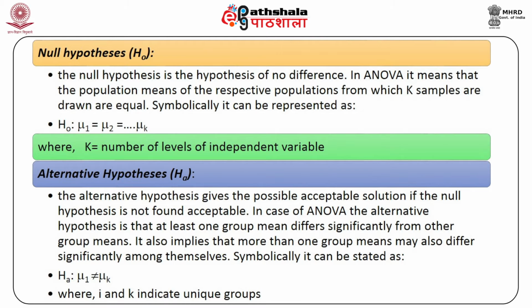Alternative hypothesis HA: at least one group mean significantly differs from other group means, or at least two of the group means are significantly different. HA can be mu i is not equal to mu k, where i and k indicate unique groups.